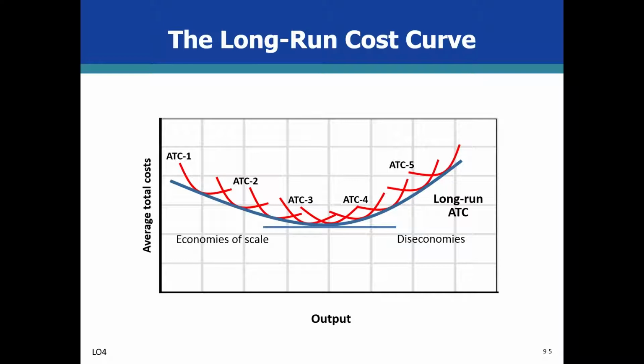And once you get beyond that point, and firms do, you can be operating at your low point on the total cost curve, but also have diseconomies relative to the average total cost curve that would be represented by ATC3 here.